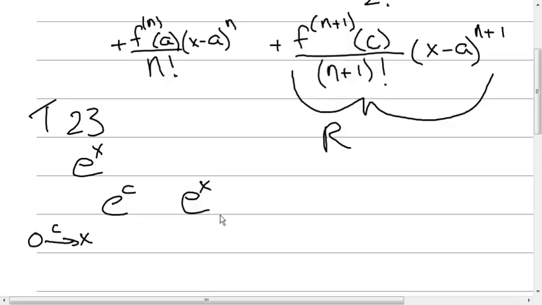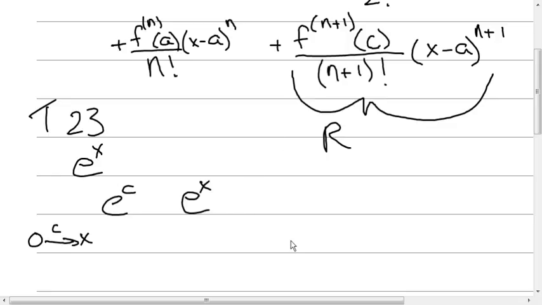And so if we substitute in e to the x in here, then our error term could be no worse than that. In that case, we would be using this idea of a substitution.